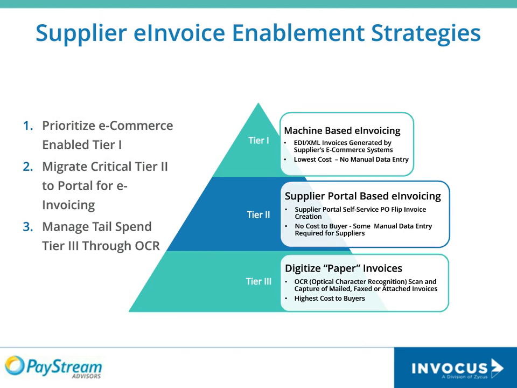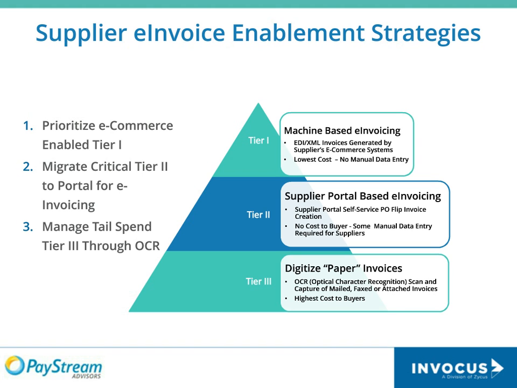Here I wanted to talk in a little bit more detail about an effective segmentation strategy, because that's so key to achieving the supplier enablement and onboarding goals. And really looking at the supply base across three key tiers, Tier 1, Tier 2, and Tier 3. So in Tier 1, these are going to be typically your largest suppliers that are very sophisticated technically, that already have e-commerce capability.